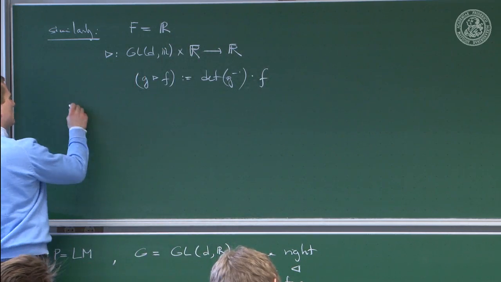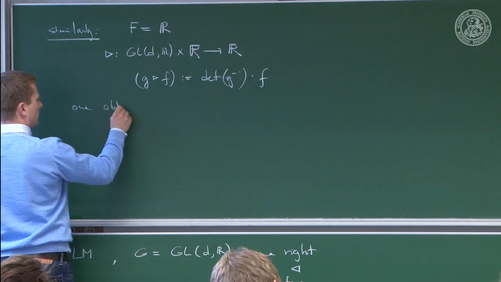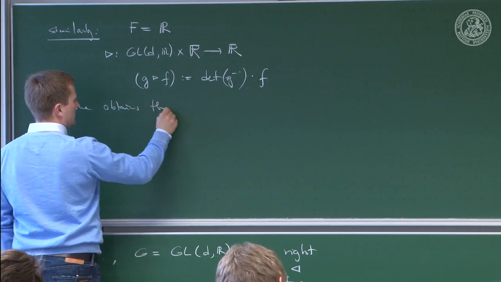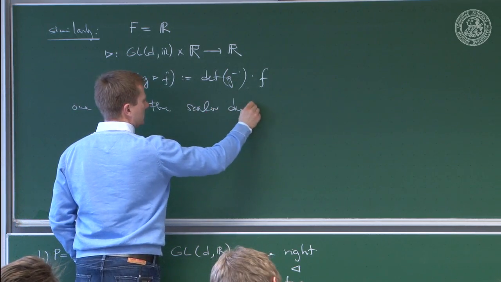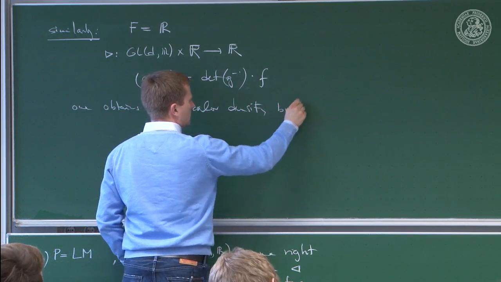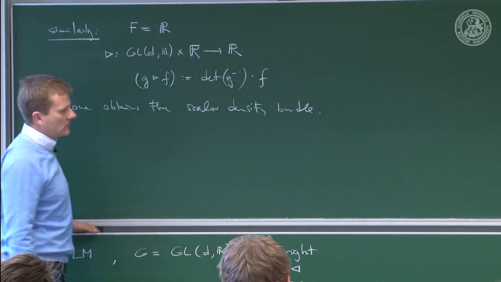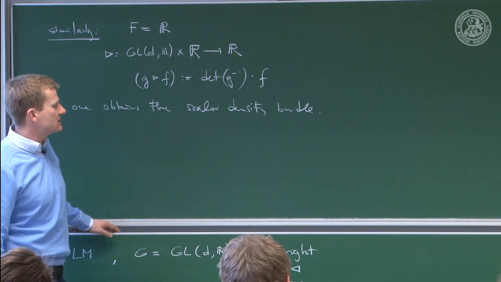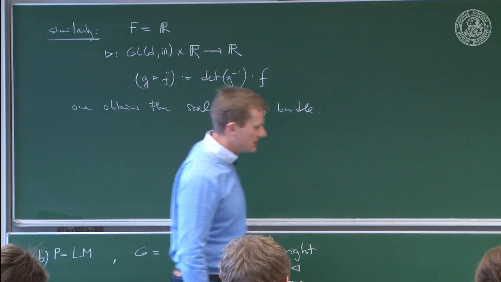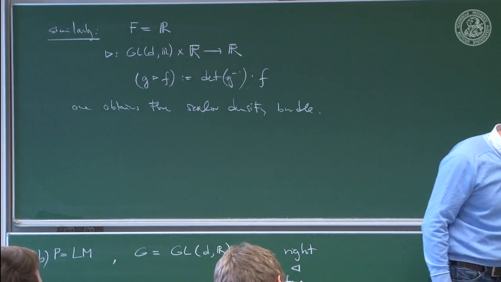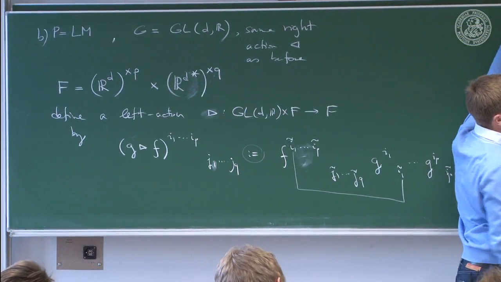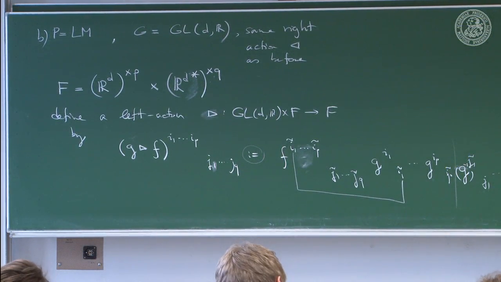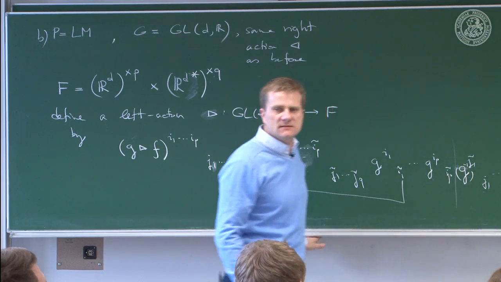Okay, one obtains the scalar density bundle. So sections of this bundle would be scalar densities, a scalar density field. Sections of this bundle here would be PQ tensors, and sections of this bundle here are PQ tensor omega densities.